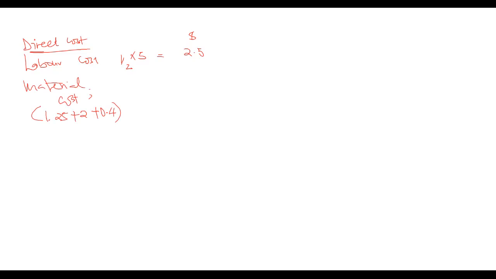The total material cost is the sum of those three: 3.65. Therefore 3.65 is the total direct material cost.